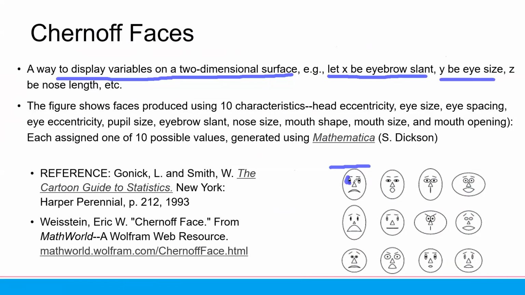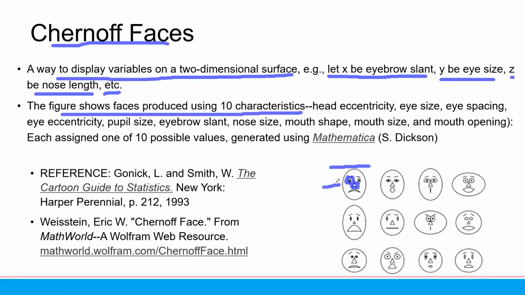You can see the eye size, and Z be the nose length. You can see the nose here, and so on. So every attribute can be represented in the face. We call this the Chernoff faces. And usually, in this figure, we can produce 10 characteristics.